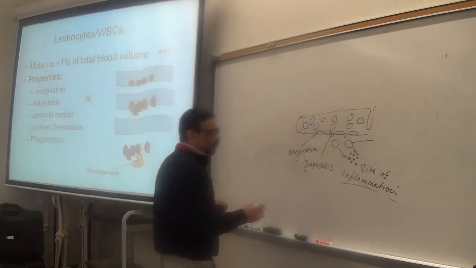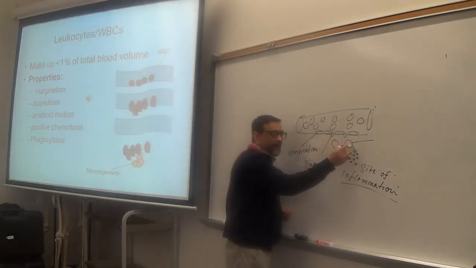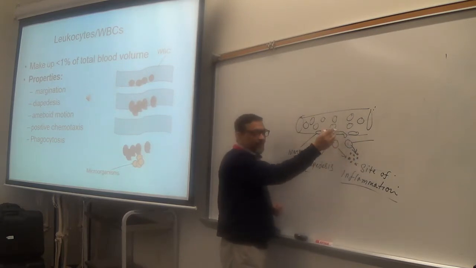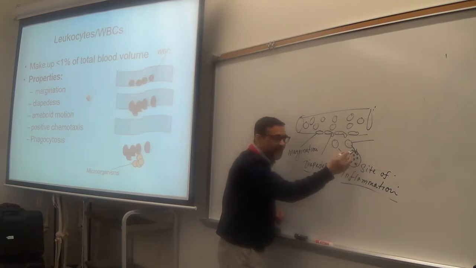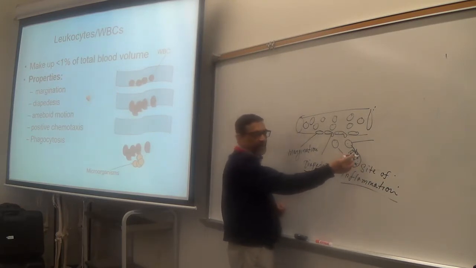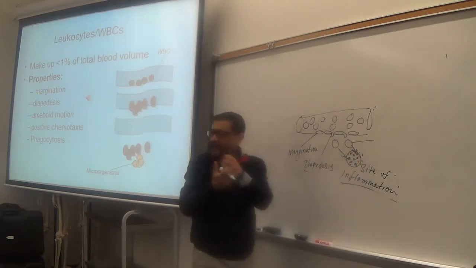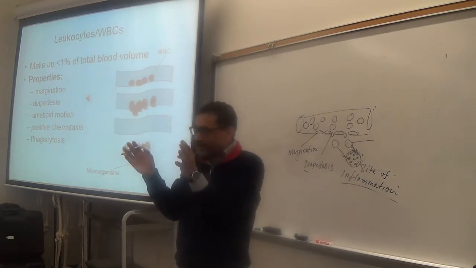Now another thing, what attracts the white blood cell to move towards the site of inflammation or infection? Because when infection or inflammation occurs, you know that some chemicals are released there. Make sense? At the site of inflammation, some chemicals are released, right?